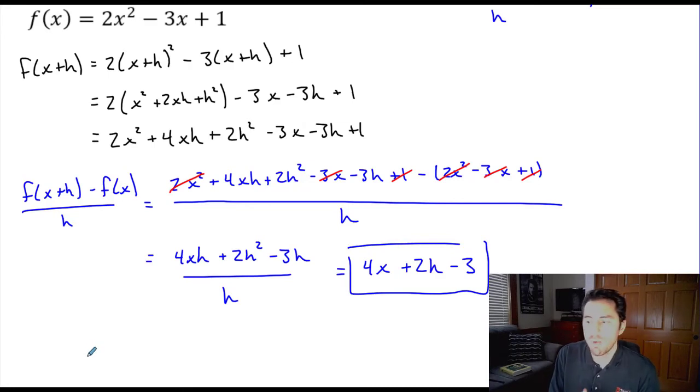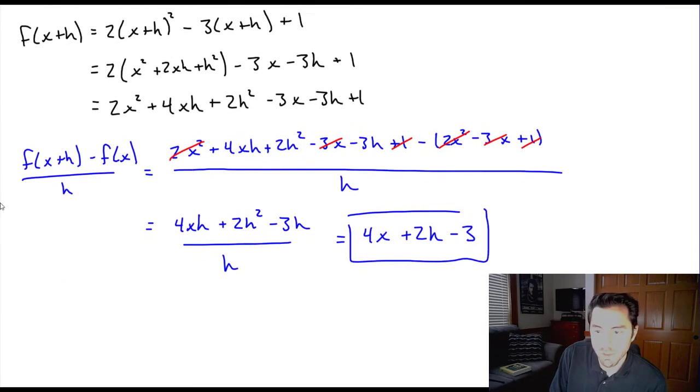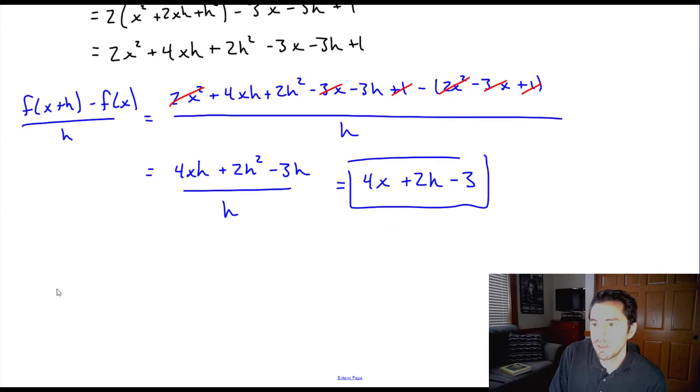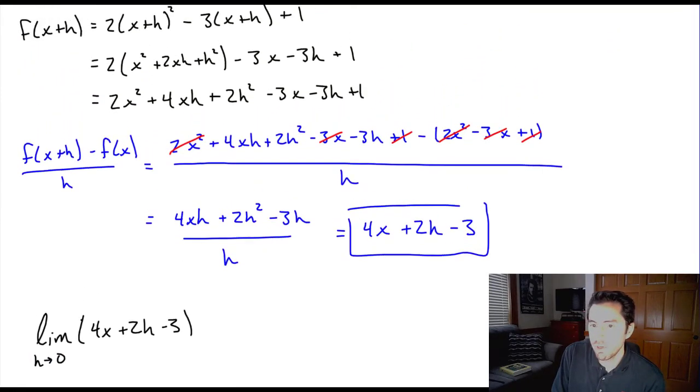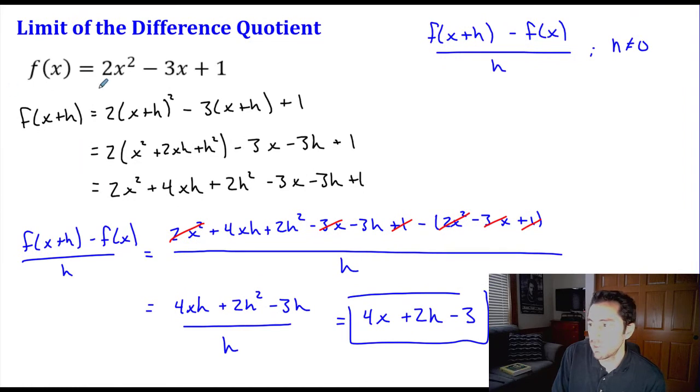Now, the second thing I want to do is find the limit of this difference quotient. So let's consider the limit of our difference quotient. I think it's an interesting question to figure out what happens as h approaches 0. Remember, up here, when we were defining the difference quotient, we said that h cannot be 0.